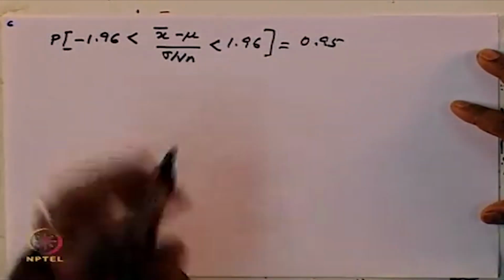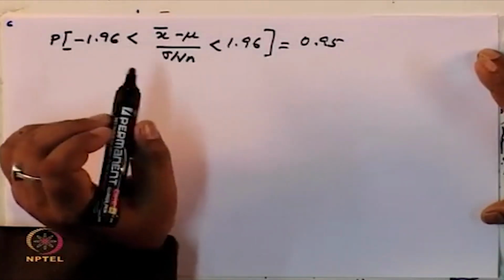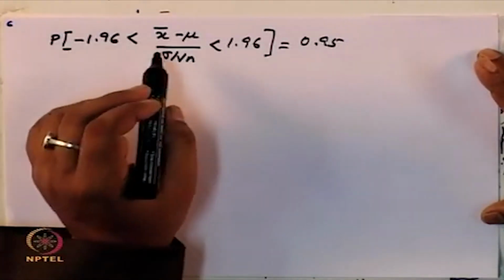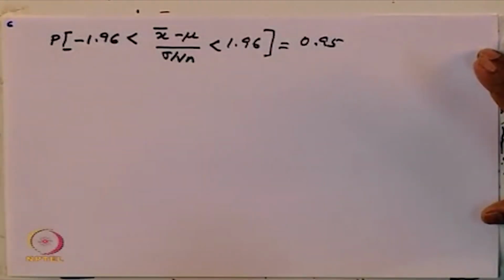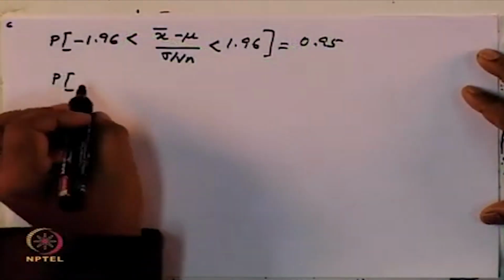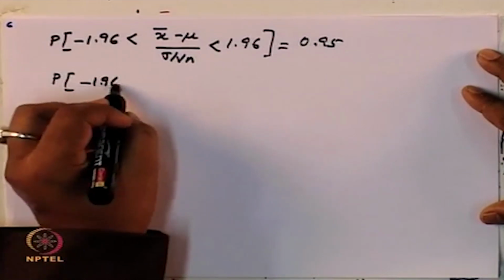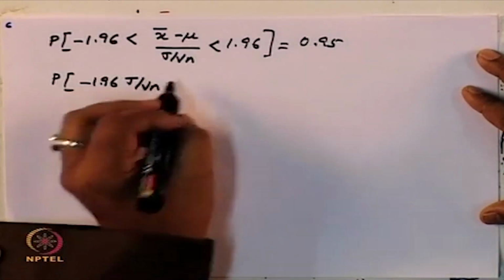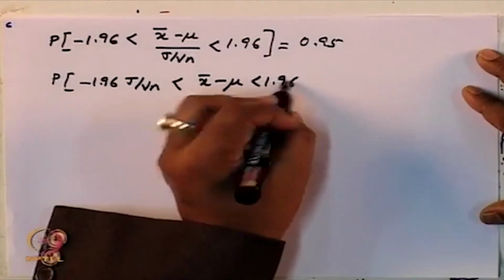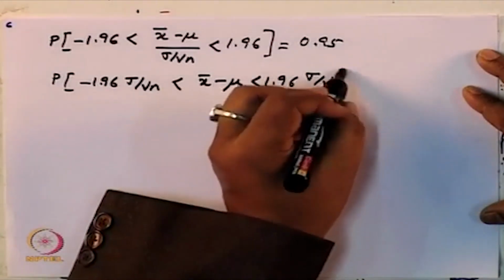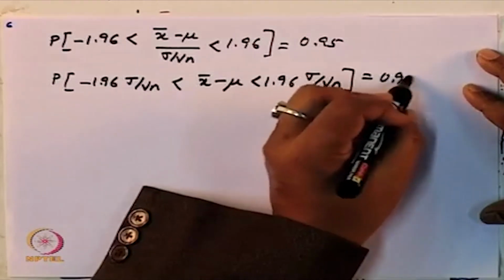So this is what it means for there to be a 95% chance that your value estimate is going to be within two standard deviations. So I can rewrite this equation. I can multiply by sigma by root n. I can write x bar minus mu less than 1.96 sigma by root n, and this is 0.95.